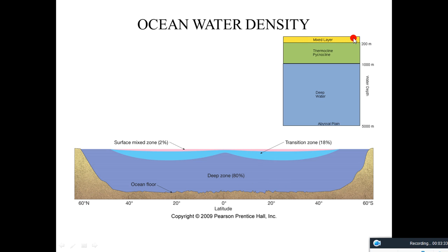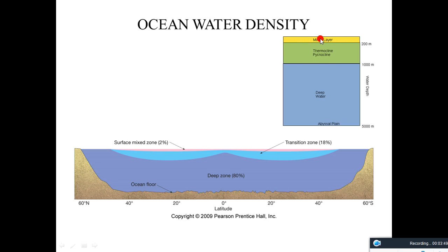So if we see a complete column of water within the abyssal plain, the deep water, the thermocline, the pycnocline, in the second unit we will study about thermocline and pycnocline. I am not going into detail because I am just giving an introduction to you.